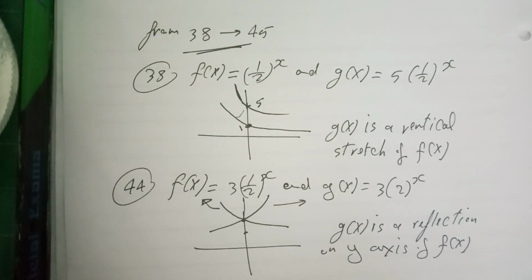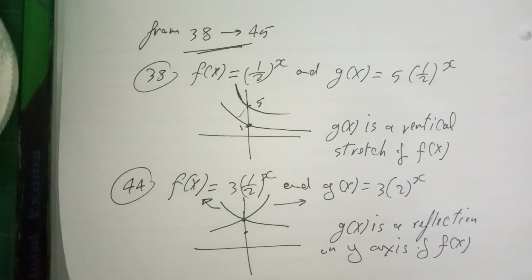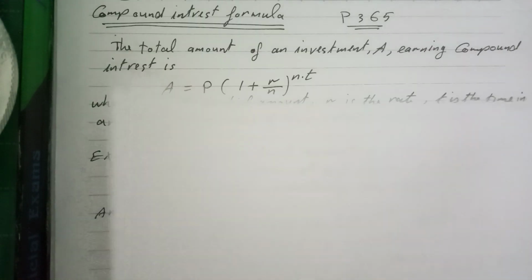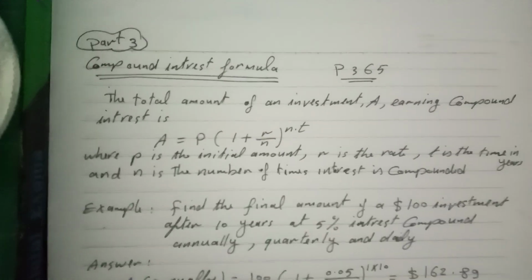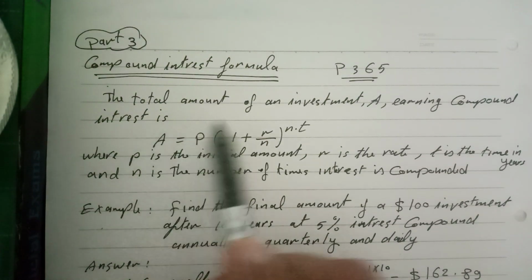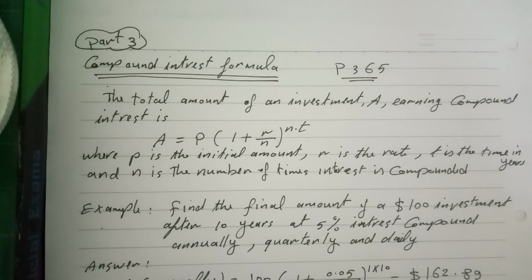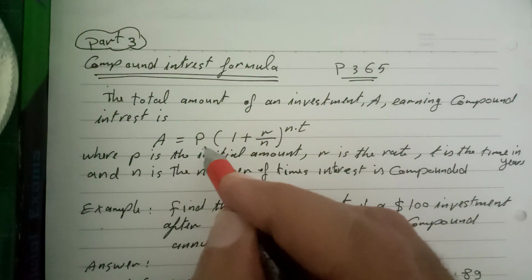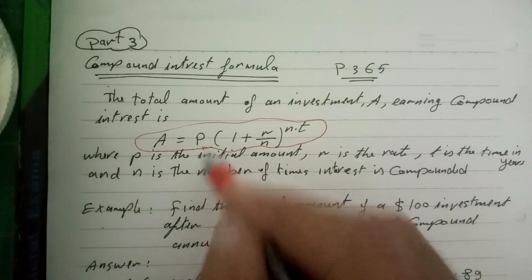Let me move to the third part of the lesson. Part 3. It is talking about compound interest formula. The total amount of an investment A earning compound interest is this one, which is A equals P. You need to memorize this rule.